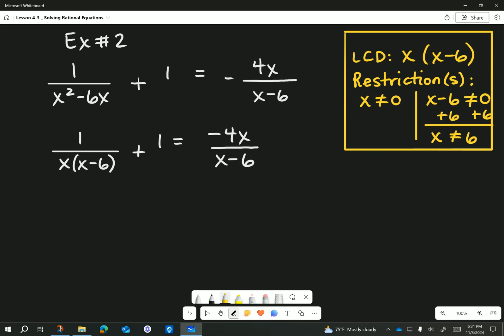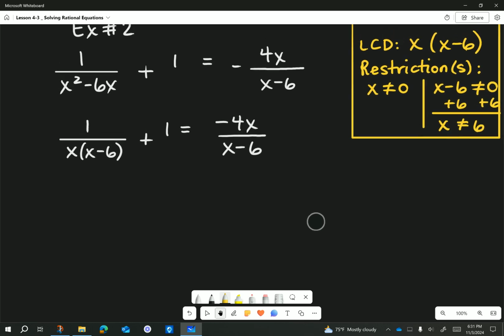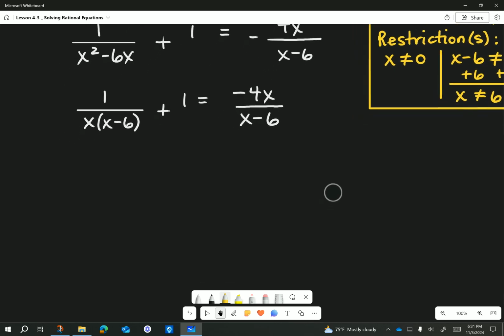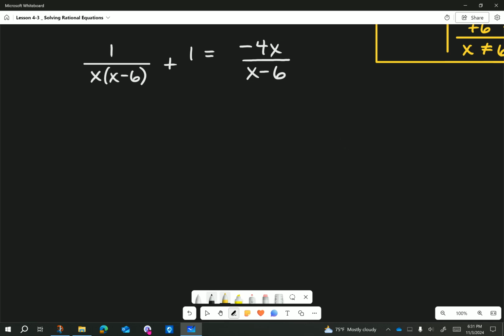So let's proceed now to step number 3. Step number 3 says take that LCD, so in this case x times x minus 6, and we are going to multiply each one of our numerators by that LCD. So let's start. I'm going to write down my little bar here. I'm going to write the 1, and I need to put the LCD right next to it, the x and the x minus 6, and write the remaining part of the problem.